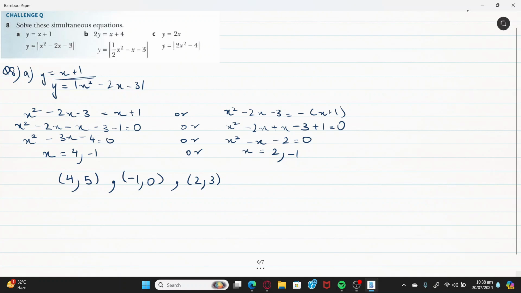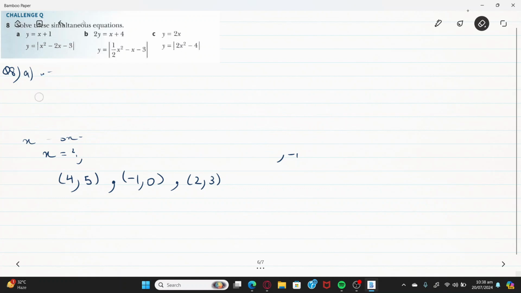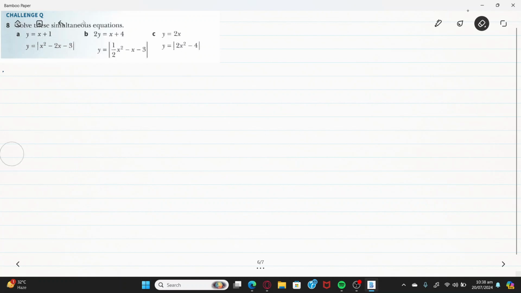This was quite simple as I promised. For part B, we have 2y is equal to x plus 4, and y is equal to 1 upon 2x squared minus x minus 3 in a modulus. So taking directly from the question, we are going to say that 1 upon 2x squared minus x minus 3 is equal to... I think we need to simplify this first. 2y is equal to x plus 4, so y is equal to x plus 4 divided by 2.